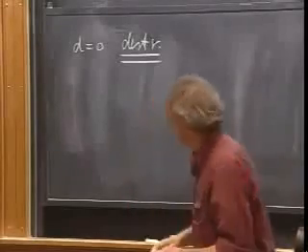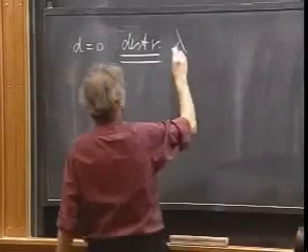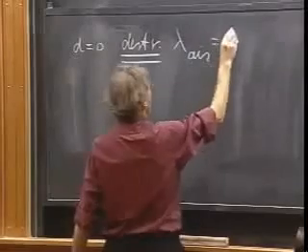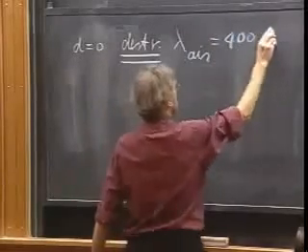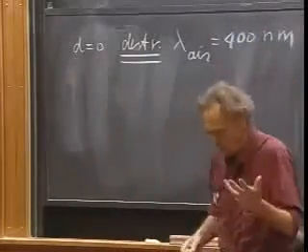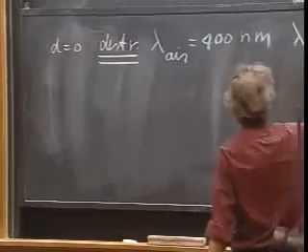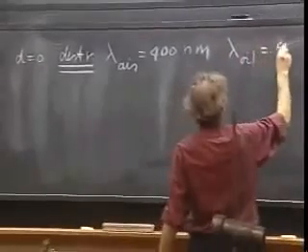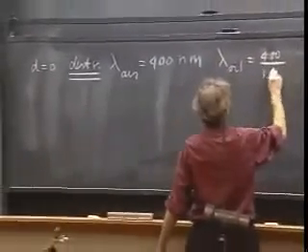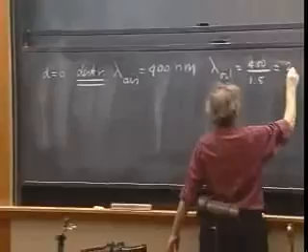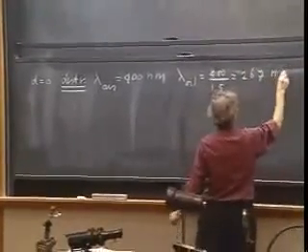And I'm going to choose a lambda in air of 400 nanometers. That's my choice. So that means that my lambda in oil is 400 divided by 1.5, which is about 267 nanometers.